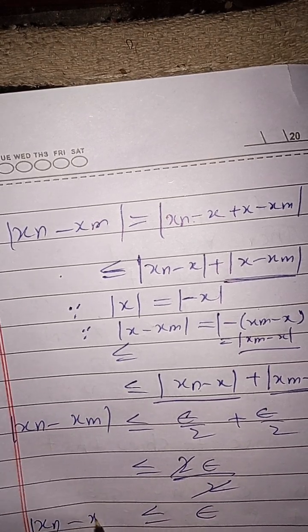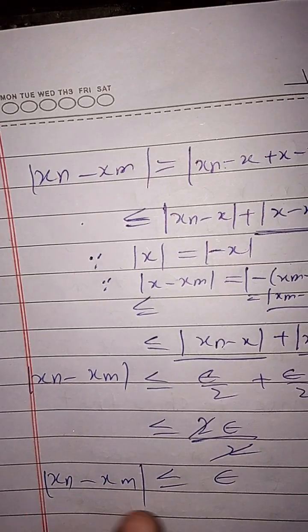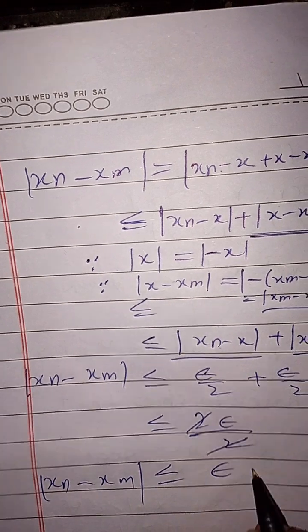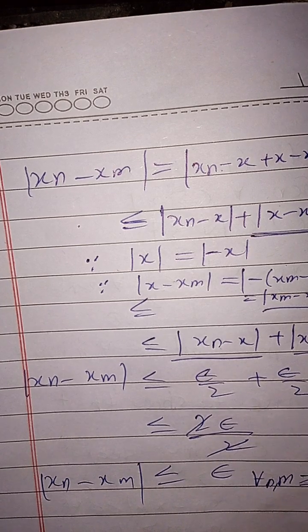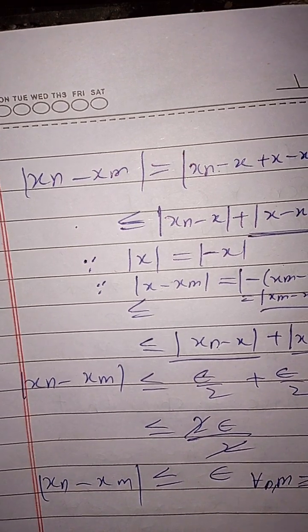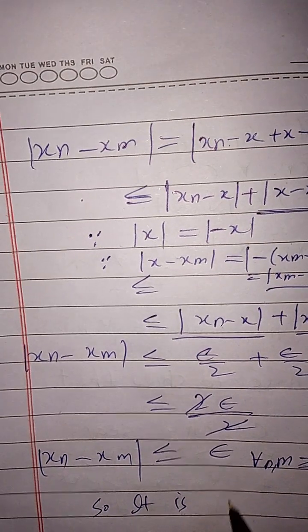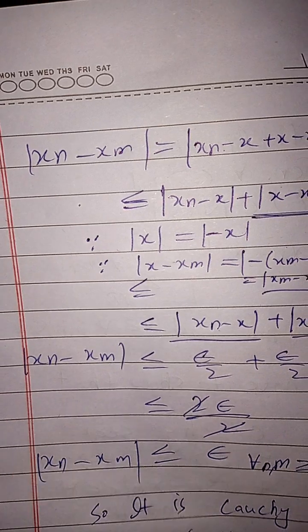So it is shown that the sequence is Cauchy for all n and m greater than or equal to H.